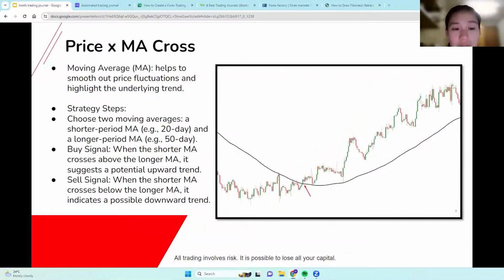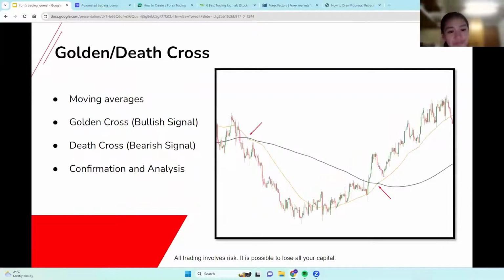Okay, another way is price and MA cross. So if you're a beginner, this is a great way to identify moving averages of different periods to analyze price movements and generate buy or sell signals. I won't get into it, but yeah, this strategy basically captures trends and works best in trending markets.